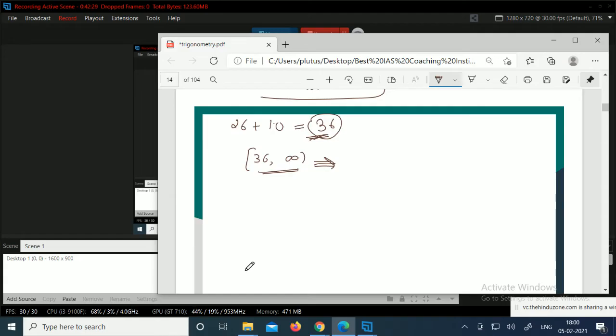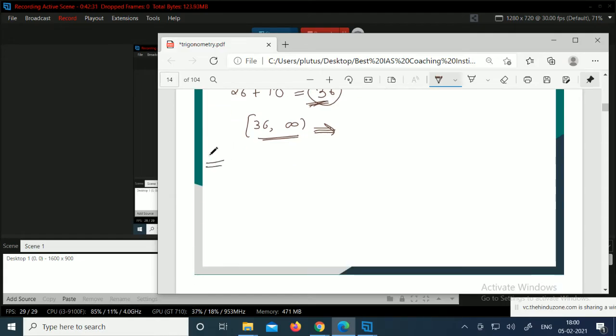Okay. Sometimes we use the equation like the maximum and minimum value of a sine theta plus b cos theta. So what is the maximum and minimum value for this kind of expression?